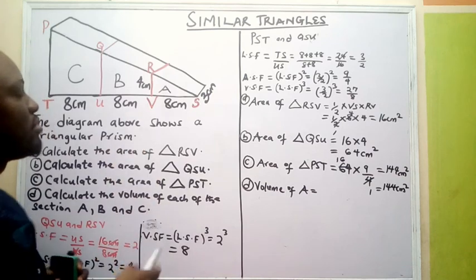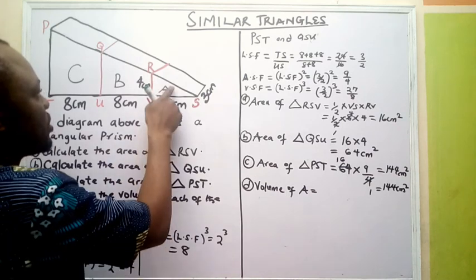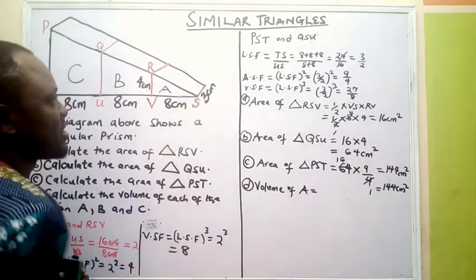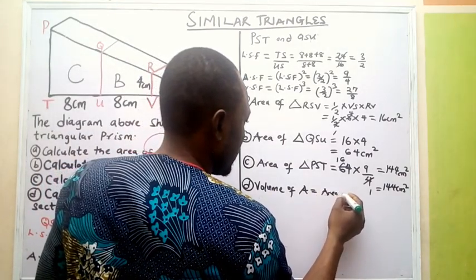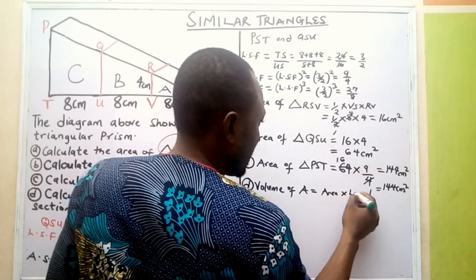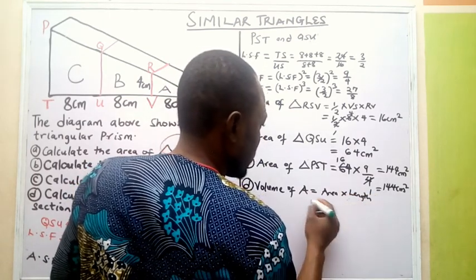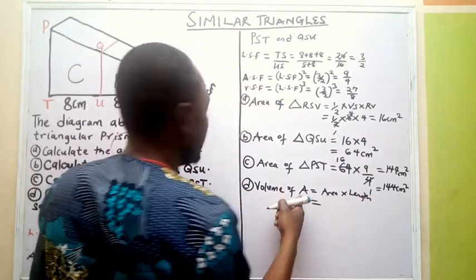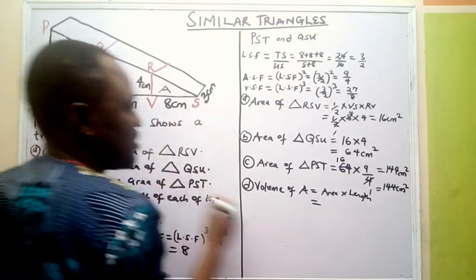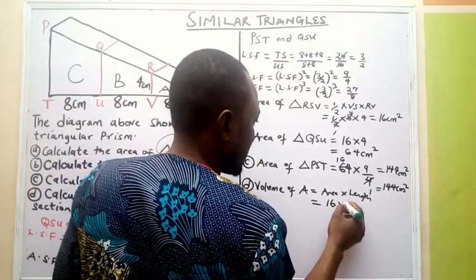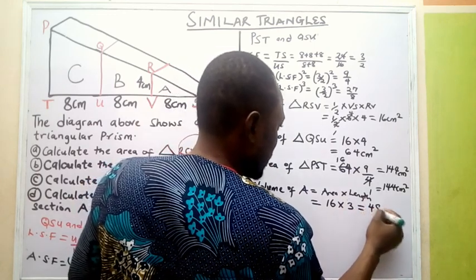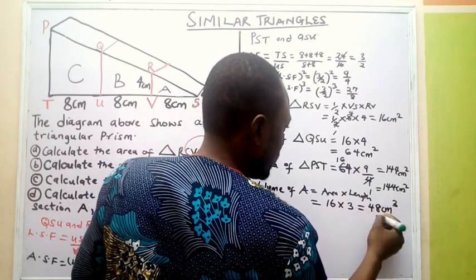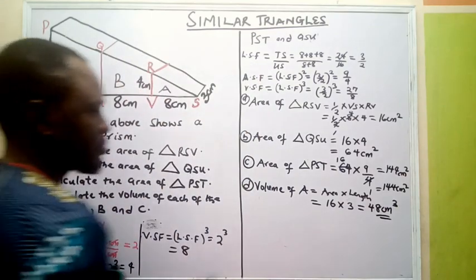Volume means area multiplied by length. So the area of A means the area of RSV, which is 16 times the length, which is 3. So my answer is 48 centimeters cubed for volume.